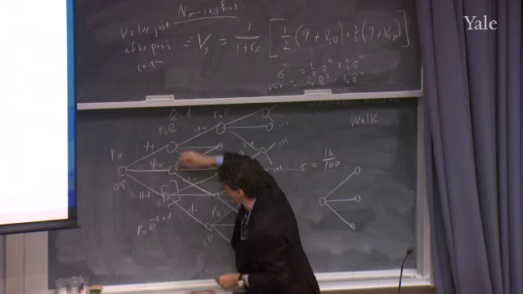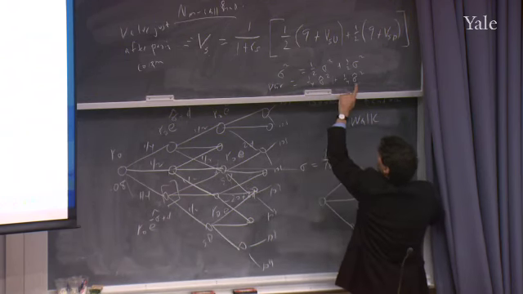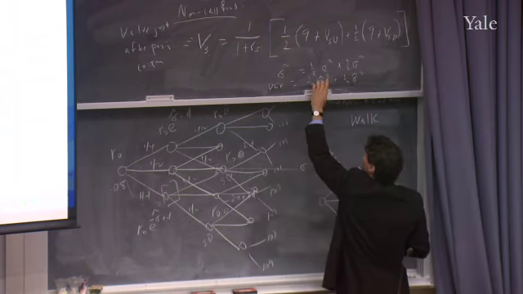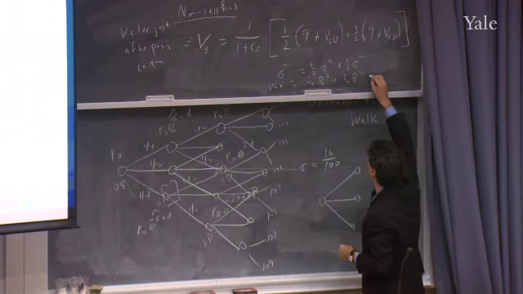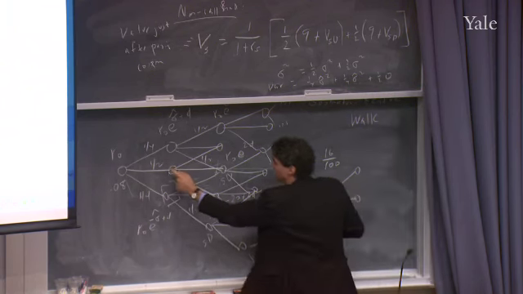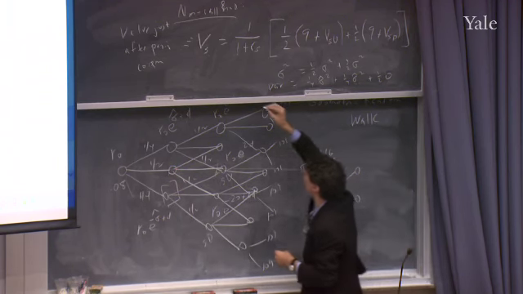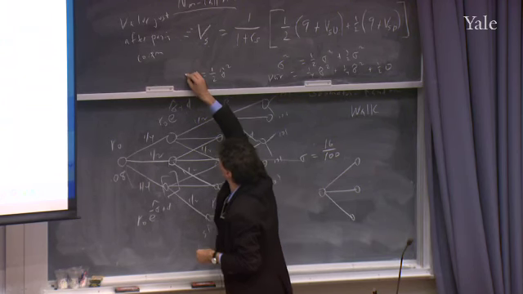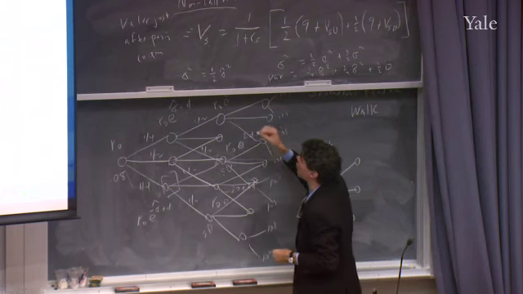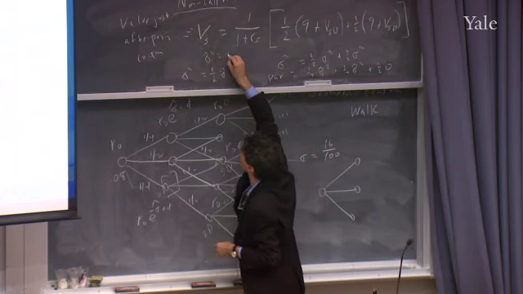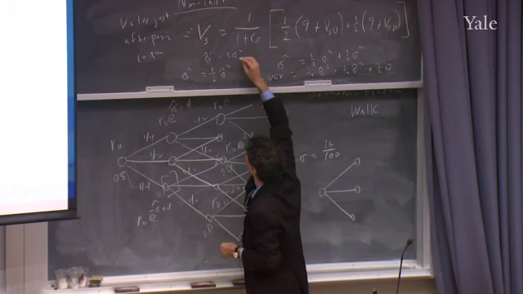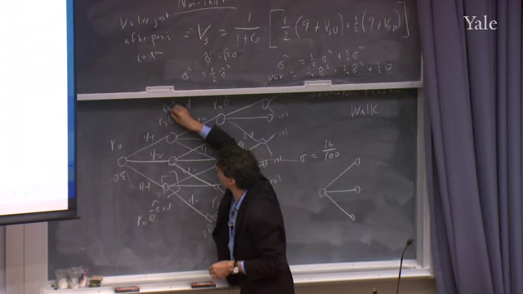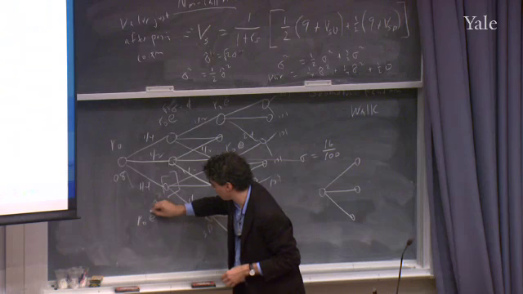So if I look at the variance of the exponent, it's going to be a quarter sigma hat squared plus a quarter sigma hat squared plus a half times 0, because half the time you just get the average. Therefore a half sigma hat squared has to equal sigma squared. So sigma hat squared has to equal 2 sigma squared, and therefore sigma hat has to equal the square root of 2 times sigma. So I should put the square root of 2 here and the square root of 2 here.